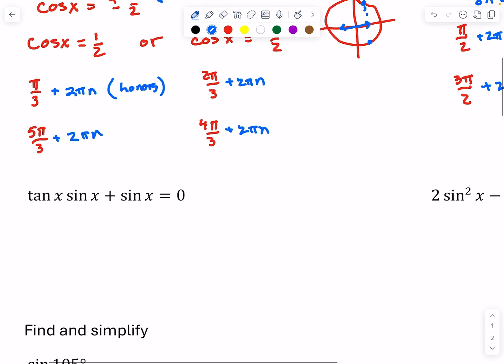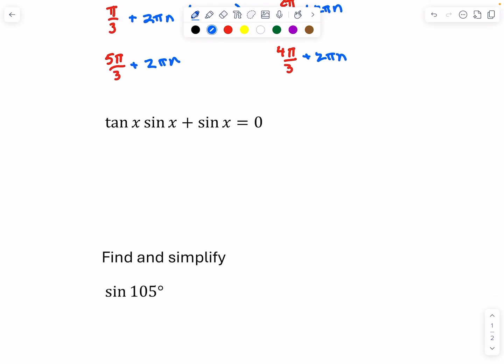Okay, next, factor out the common factor of sine x. Move the 1 over.